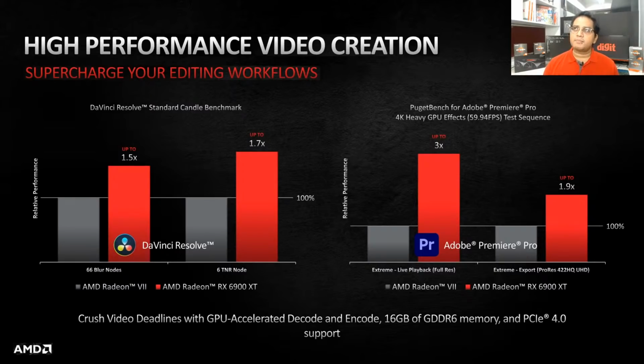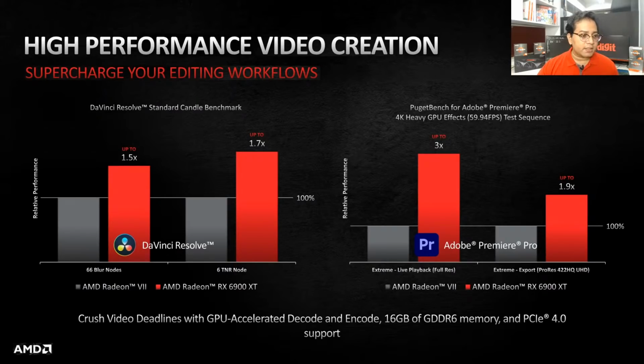They are made possible thanks to something called a ray accelerator. We've seen that in the slides previously, and each compute unit within the GPU has these things. So depending on which card you get, the 6800, 6800 XT or the 6900 XT, you'll get different levels of ray tracing performance.